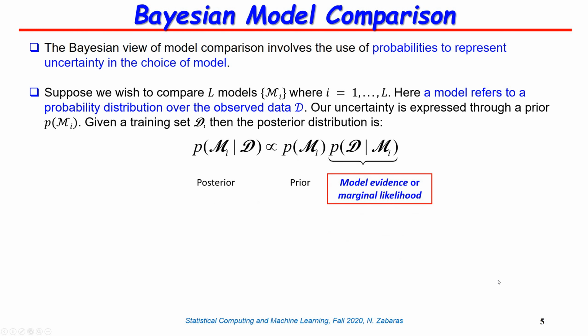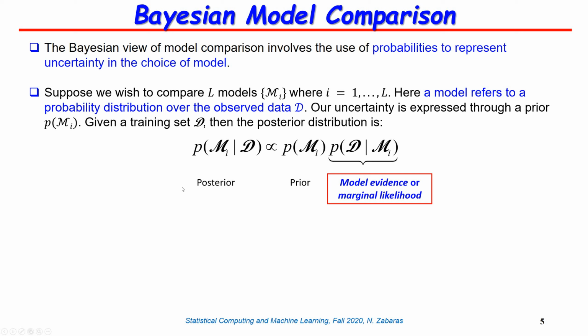We have a number of models that I call here M_i. Each model has a prior. And if you use Bayes' rule, the posterior over models is the prior times the likelihood, and this likelihood is a marginal likelihood. You notice the parameters W don't appear anywhere, so they have been integrated out.